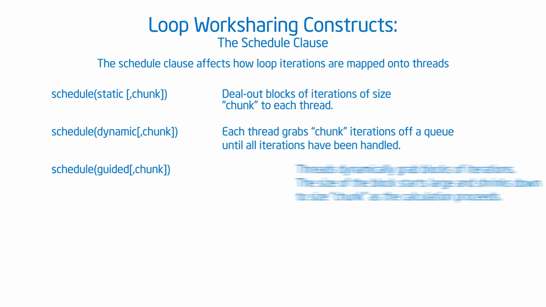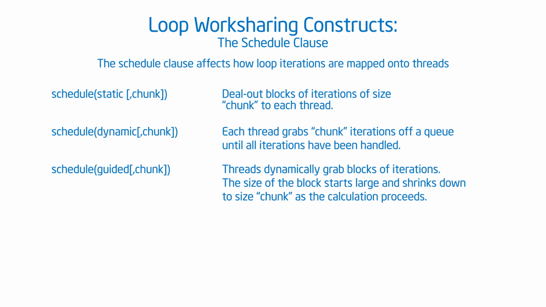Once again, it takes an arbitrary chunk size. If you leave that off, it's going to do one iteration at a time. Or if I do a chunk size of whatever number, it will do blocks of those iterations. So schedule dynamic 10 says break up the iterations of the loop into blocks of size 10 and then schedule them dynamically.